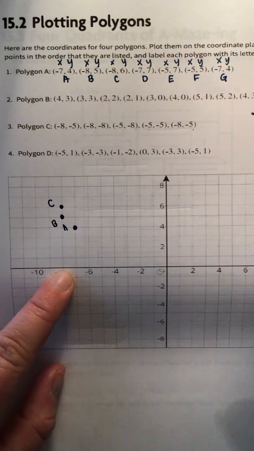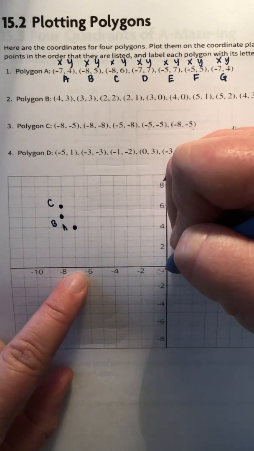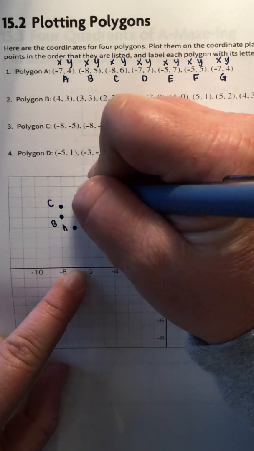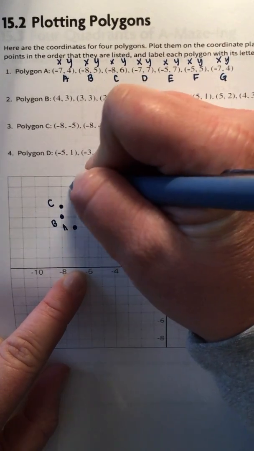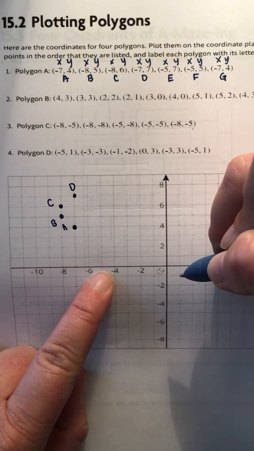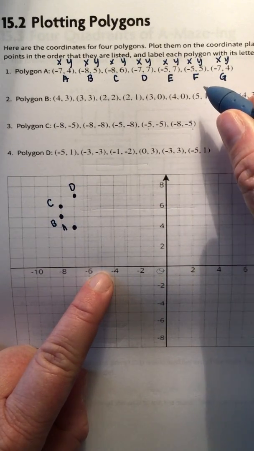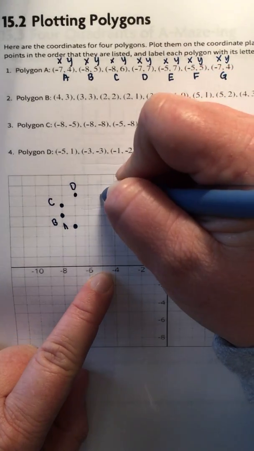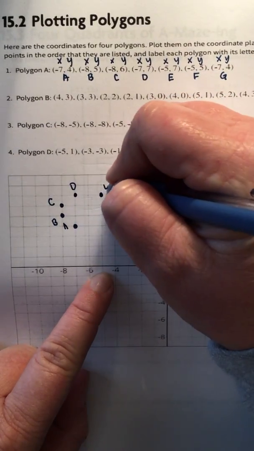That is C. Then I'm going to go back to -7 to the left, and I'm going to go up to 7. So this is D. Then I'm going to go to -5, and I'm going to go up 7. So -5, 7. That is E.